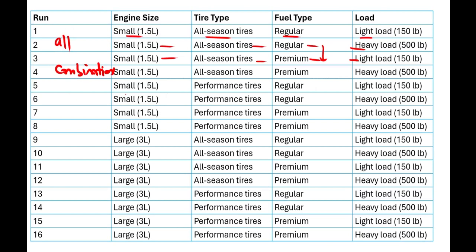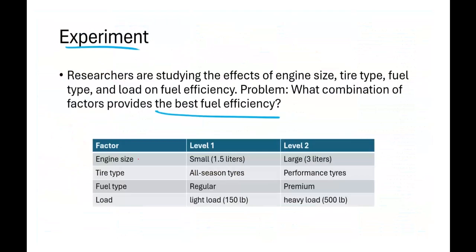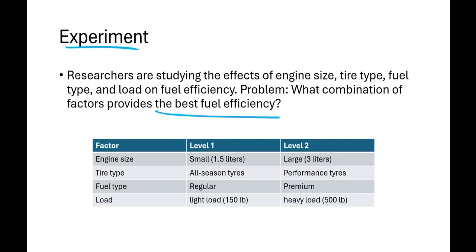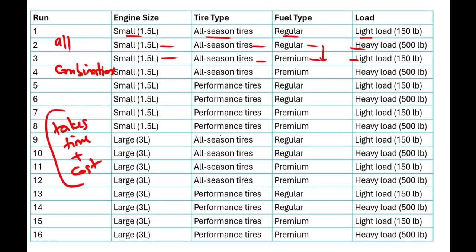But the reason that we don't use this one is that it takes time and it takes cost. Here we have 4 variables, 4 factors. But if you have more factors with more levels, like small and large engine, and if you have a medium engine, and if you had one more tire type, or one more fuel type, then the number of experiments will go up.